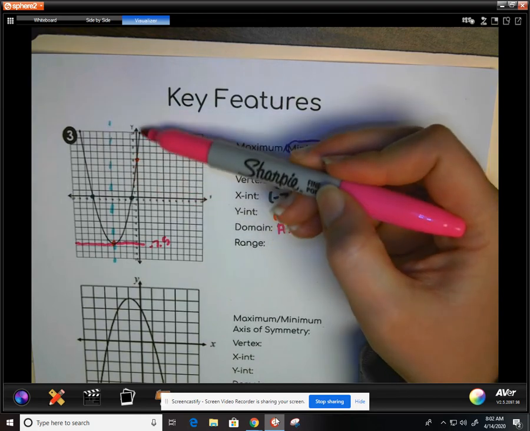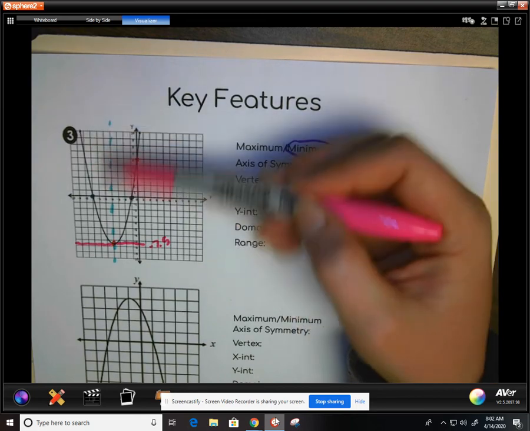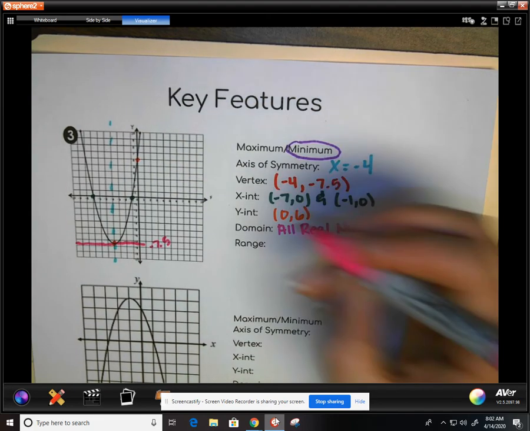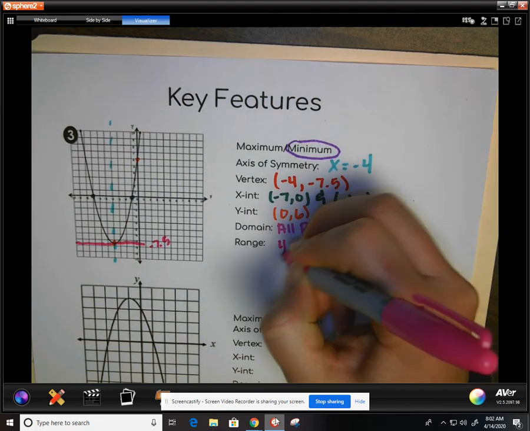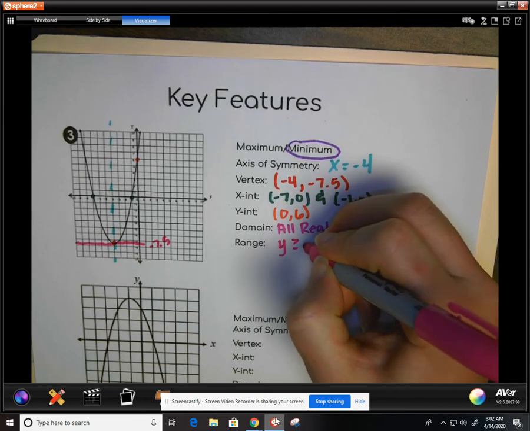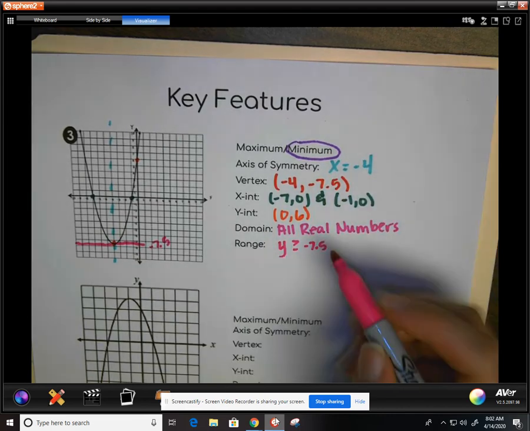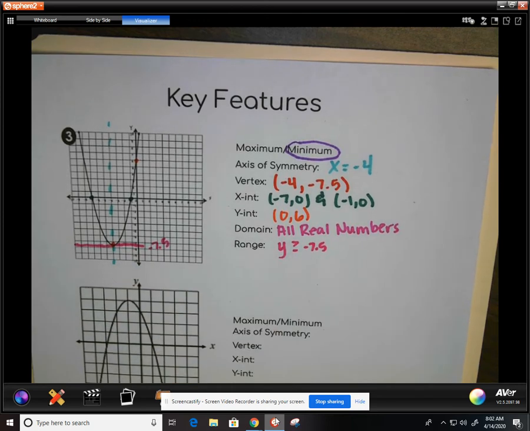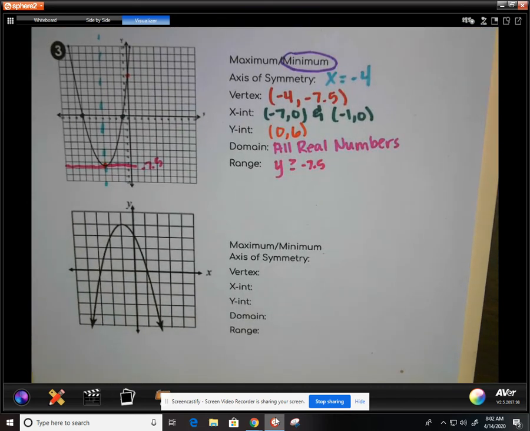And since this graph is going up and up forever, then that means it's only got one limitation. So you can write this as y greater than or equal to -7.5. And the reason we use greater than or equal to is because this graph is at -7.5 or above -7.5.